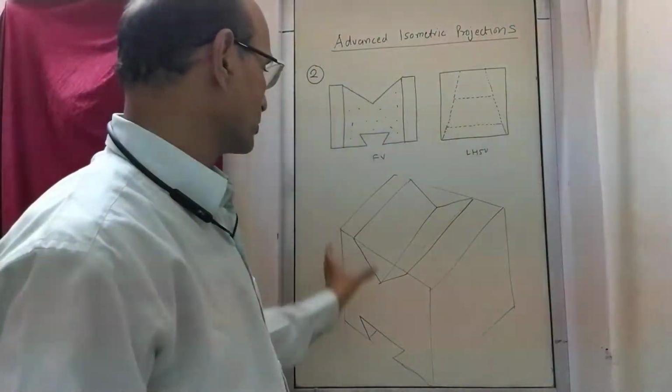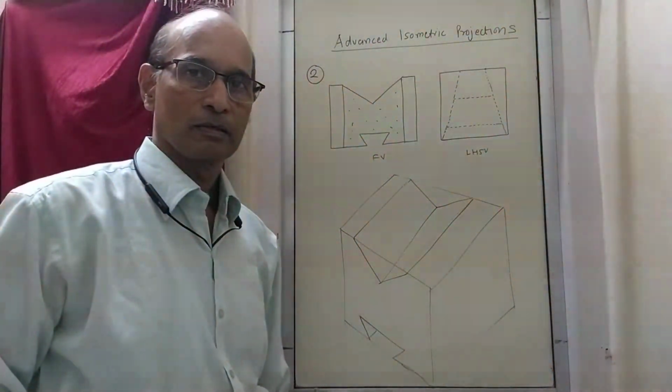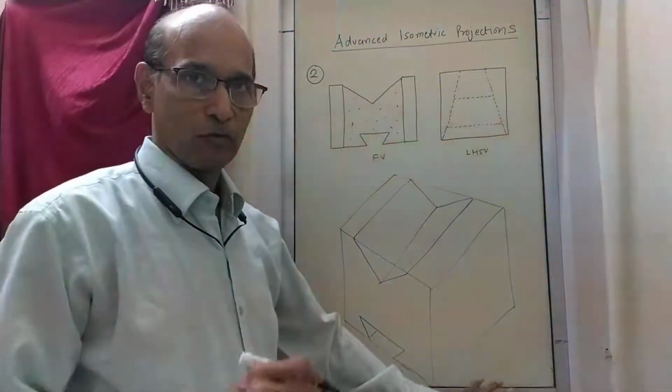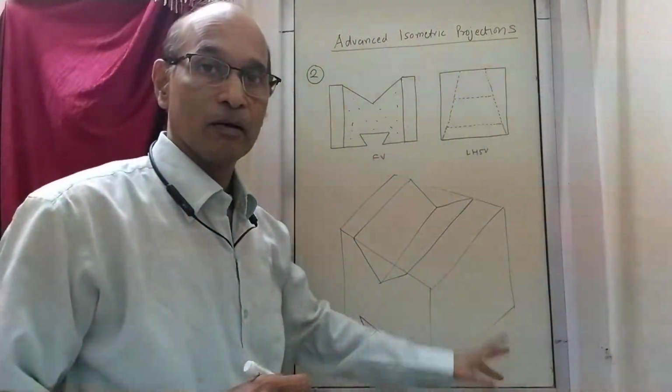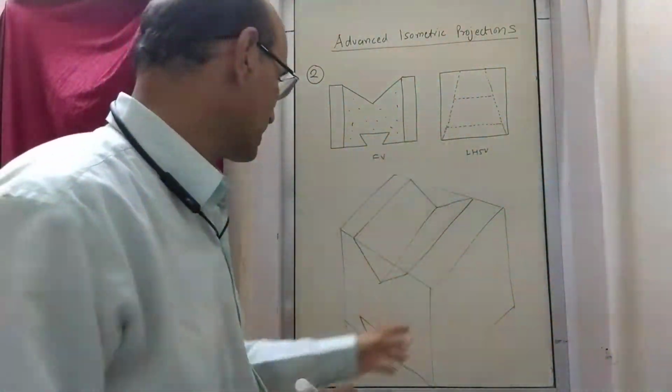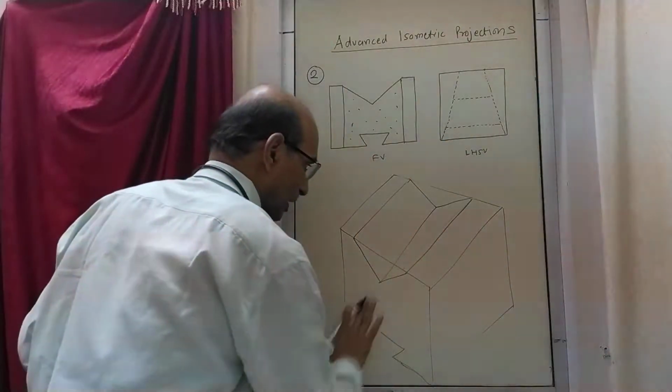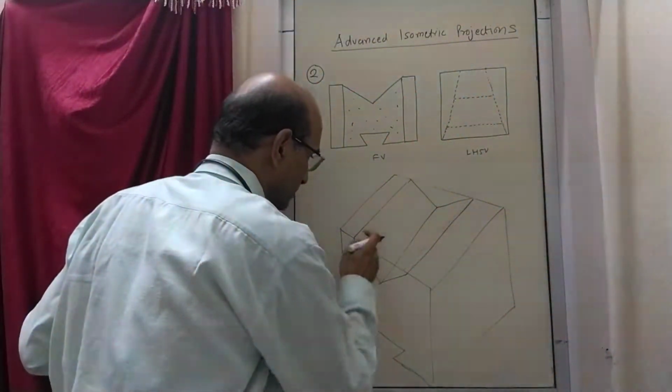So by marking the dimensions, you would have drawn this like this. If this inclination is not there, this is not advanced. But now because of this inclination, what has happened is, this surface is cut again inside and it is inclined.